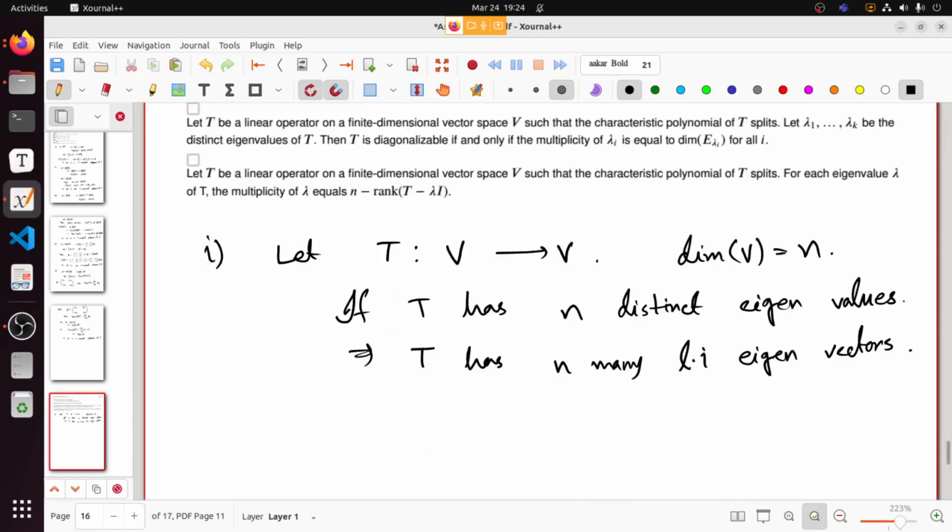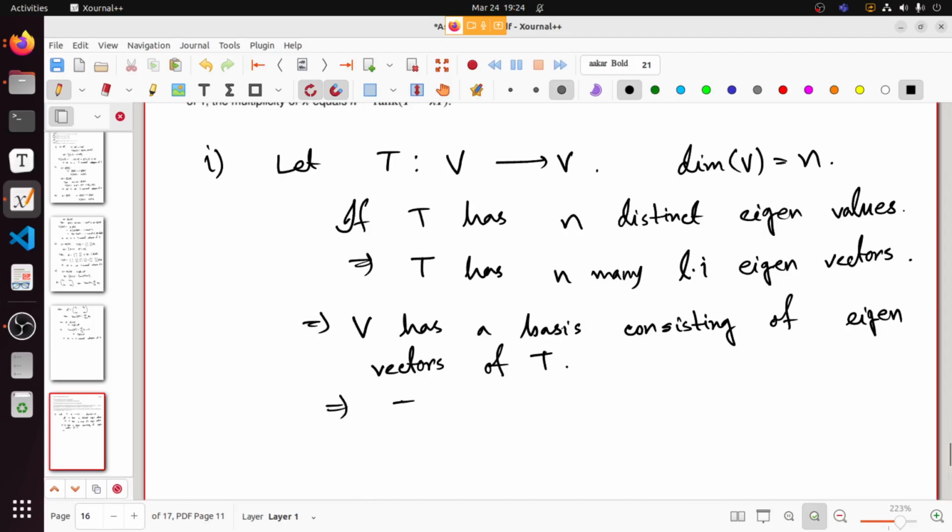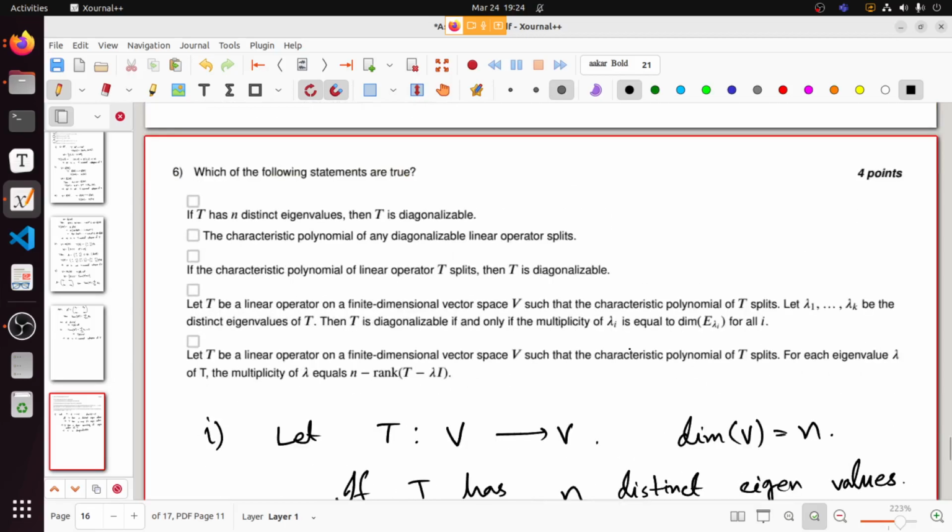So B has a basis consisting of eigenvectors of T, which means T is diagonalizable. Option number 1 is true.